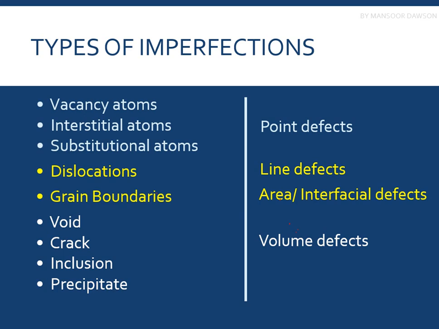In line defects we have dislocations, which we'll be studying. In area or interfacial defects we have grain boundaries, and in the bulk or volumetric defects we have void, crack, inclusion, or a precipitate. We'll be discussing these one by one.